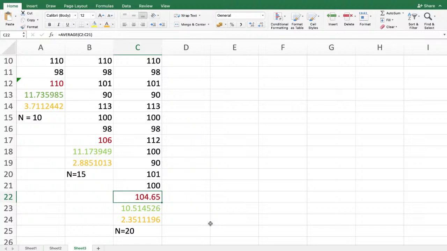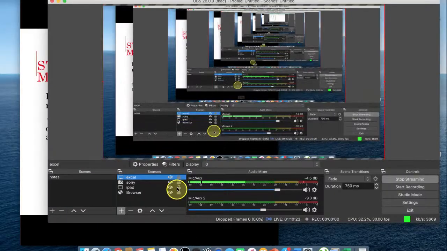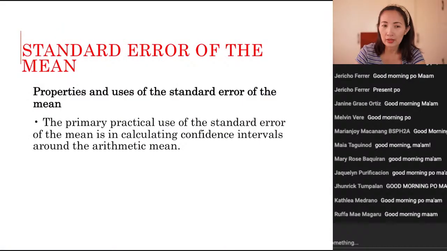So, a direct application of your standard error, go back to our PowerPoint presentation. Practical use, although I mentioned this a while ago, is in calculating the confidence interval. So if this is the sample mean that you have computed, maybe the population mean could be somewhere here, could be somewhere here or somewhere above.